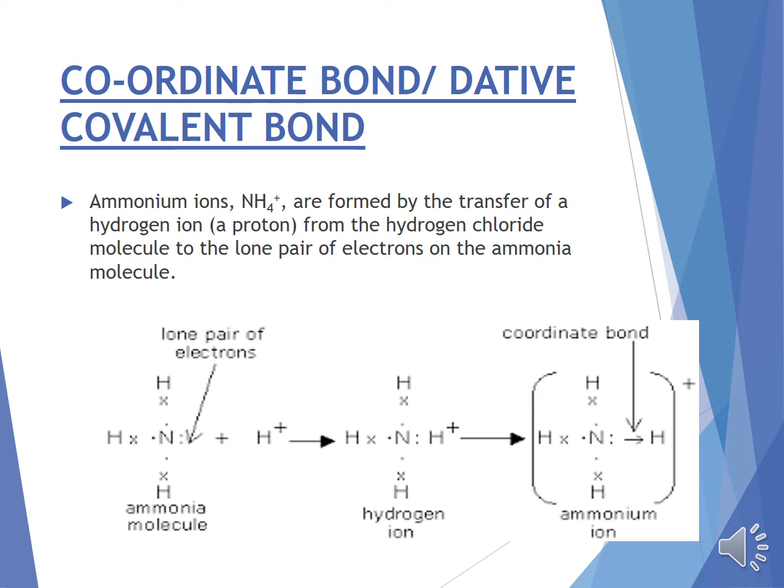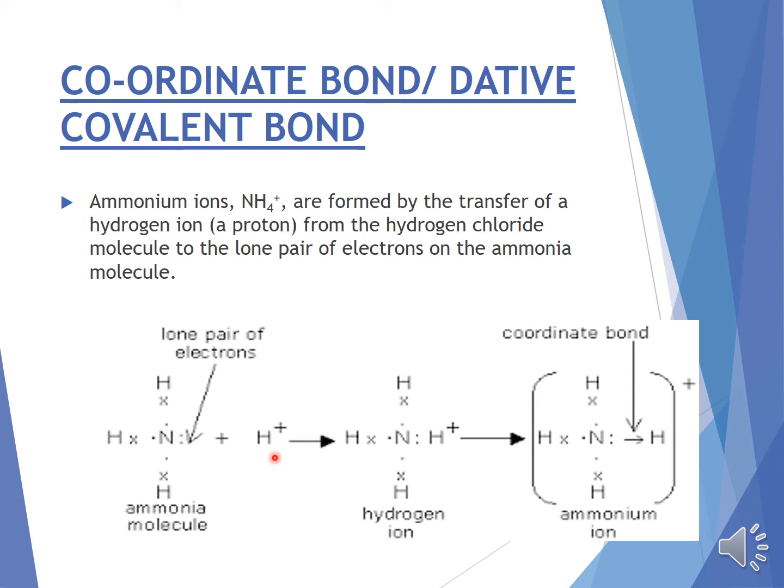It is shown as NH4+, formed by the transfer of a hydrogen ion from the hydrogen chloride molecule to the lone pair of electrons in the ammonia molecule. See, this is the ammonia molecule which has one lone pair of two electrons, and this is your H+.